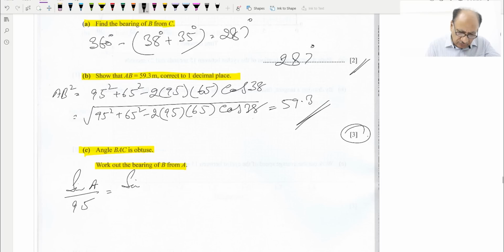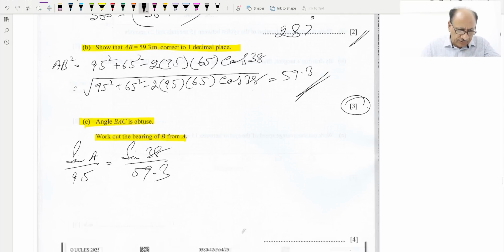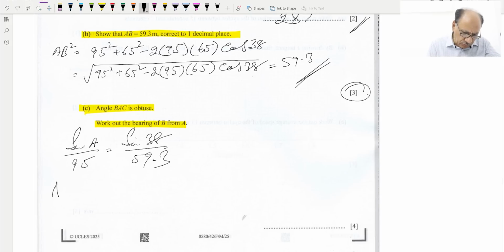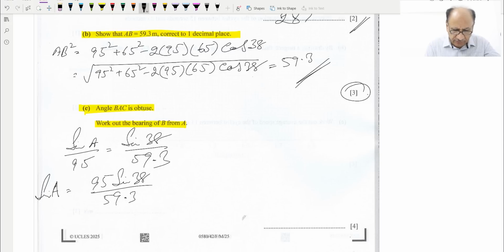Now we need to find the A value. So sine A will be equal to 95 sine of 38 over 59.3.